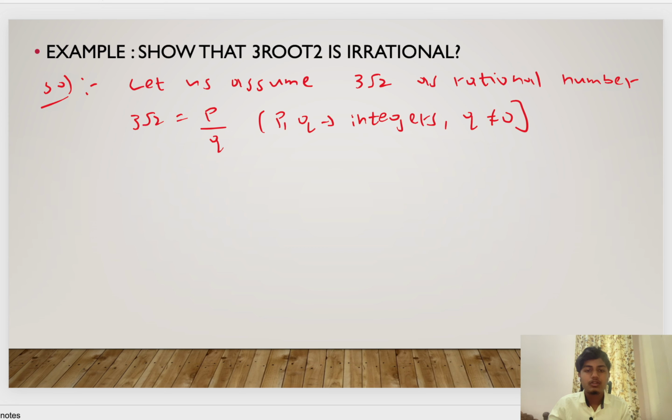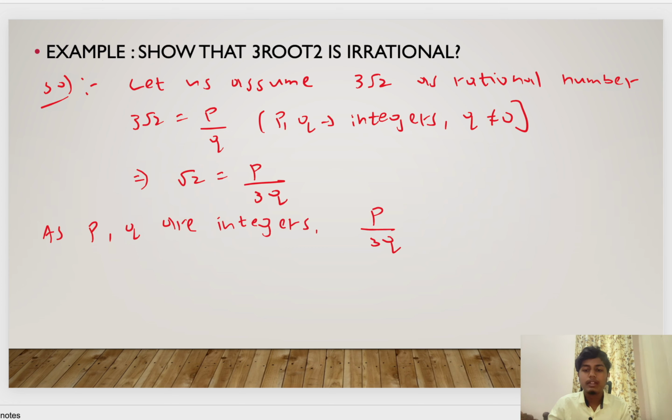So by rearranging the above equation, root 2 is equal to p by 3q, as p and q are integers. p by 3q must be a rational number.